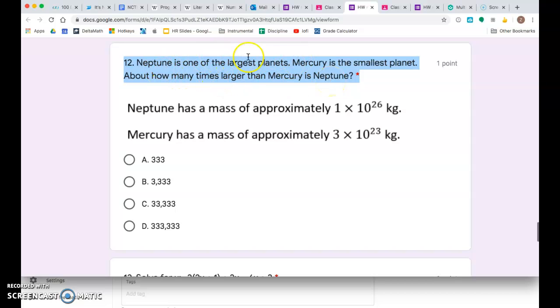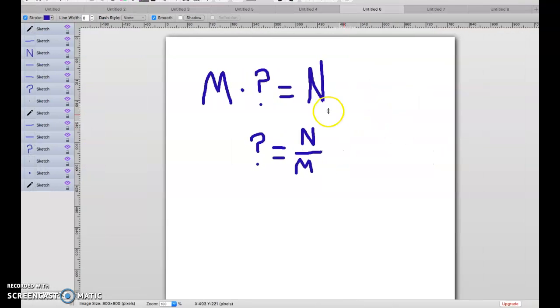Again, Neptune's the big planet, Mercury is the small planet. How many times larger than Mercury is Neptune? They give you Neptune and Mercury in scientific notation. The help I'm going to give you is this: we don't know how many times bigger Neptune is than Mercury. That means Mercury times something should give us Neptune.